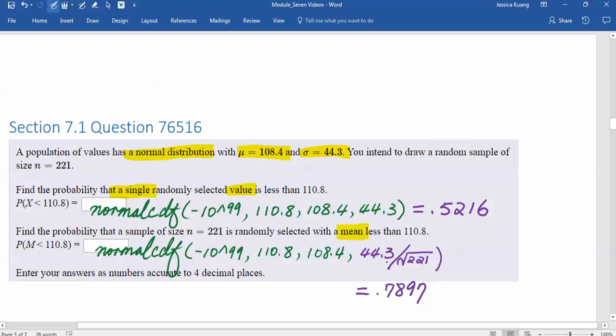Notice in the second case, the standard deviation is much smaller than the original standard deviation, which means when you draw a large sample and calculate the mean, the standard deviation of that mean is much more compact, or the distribution of that mean is much more compact than the original population.